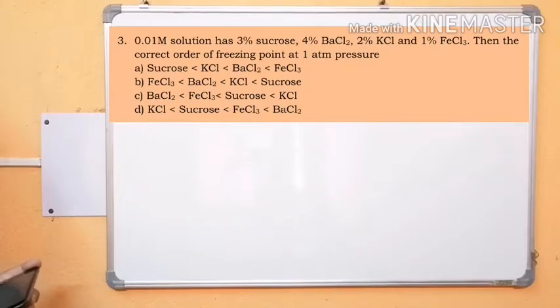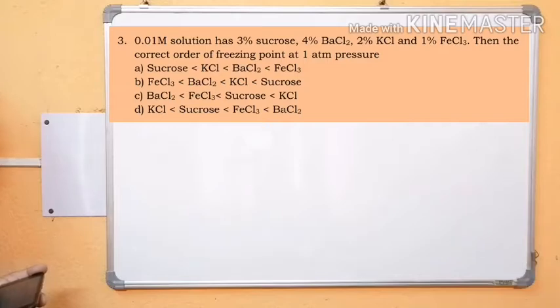Now you can see there are percentage compositions given, but at the same time all the solutions are 0.01 molar. That means by molarity concept all the solutions have same number of moles. Now sucrose will not dissociate, it is a non-electrolyte. Barium chloride will dissociate into 3 particles, potassium chloride will dissociate into 2 particles, ferric chloride will dissociate into 4 particles.